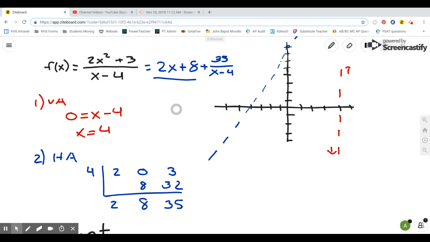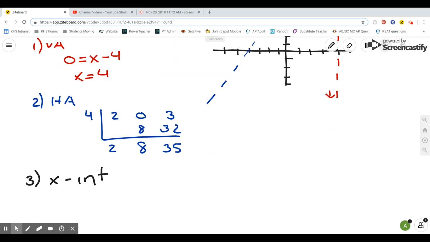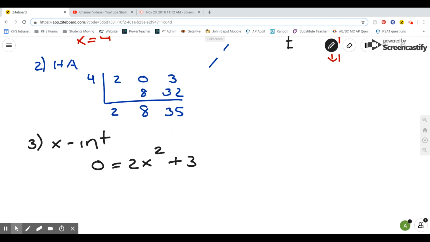And remember, we just need to take our numerator, so 2x squared plus 3, where 2x squared plus 3 is equal to 0. So let's see what we get here. Negative 3 halves, plus or minus the square root of negative 3 halves. So we have no real zeros here. They're all complex.